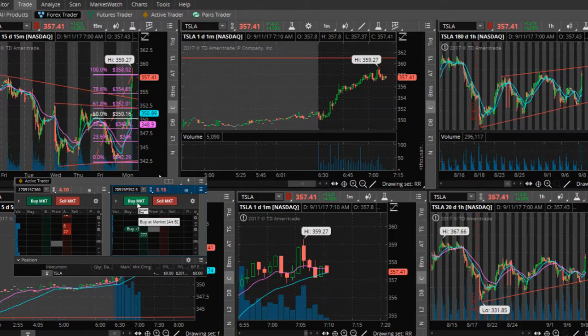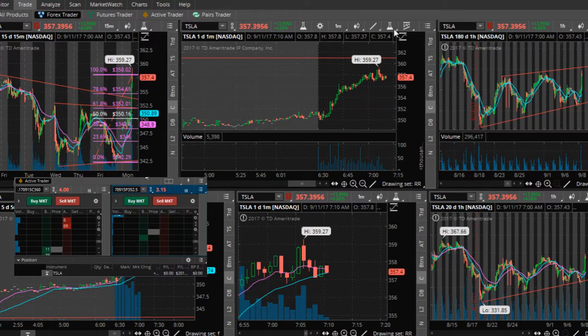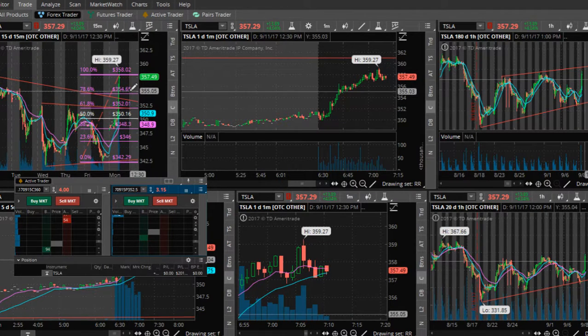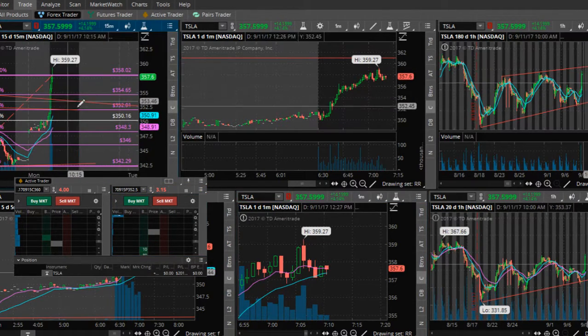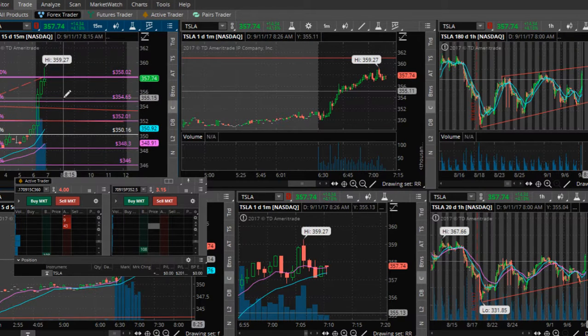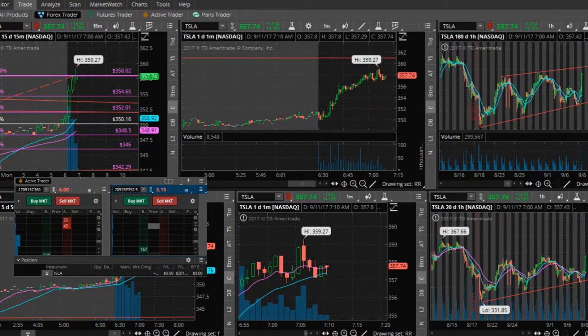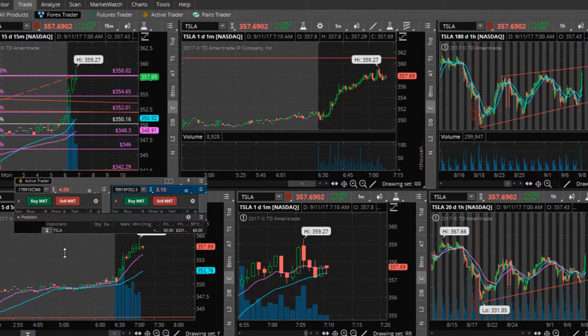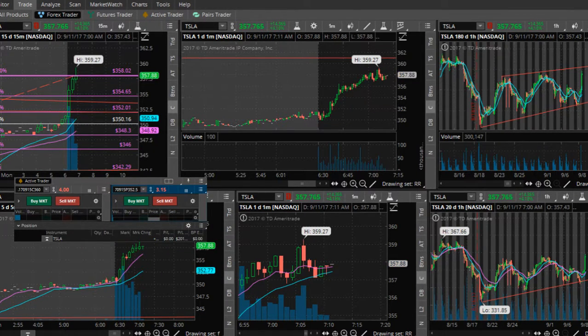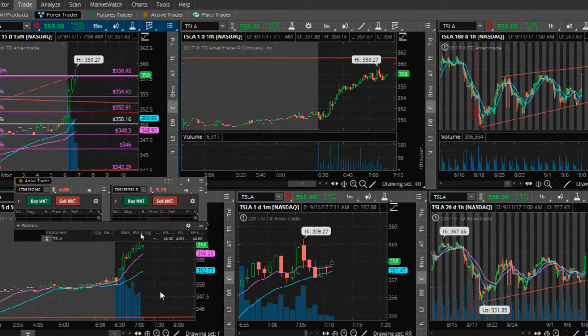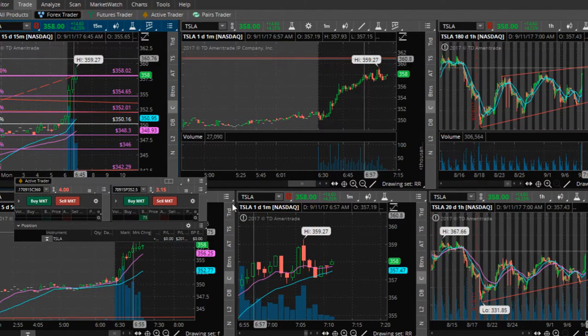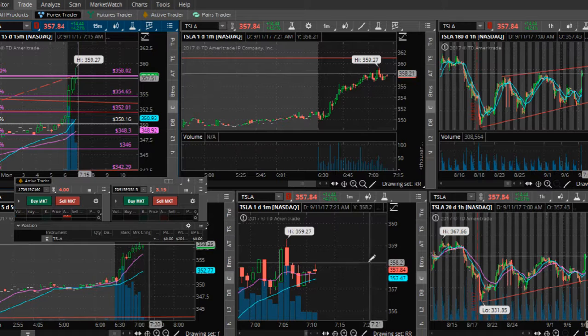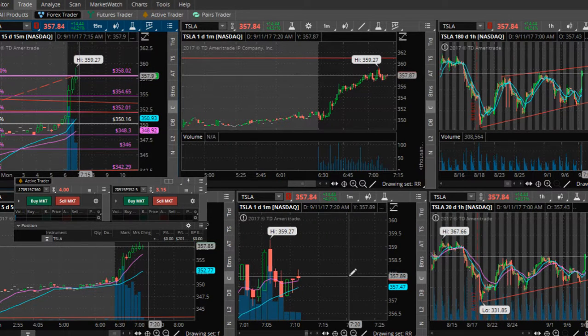Here comes that put option. We got to be ready for it. Oh, look at that, guys. See, good thing we didn't buy the put option yet. Let's wait for it a little longer.